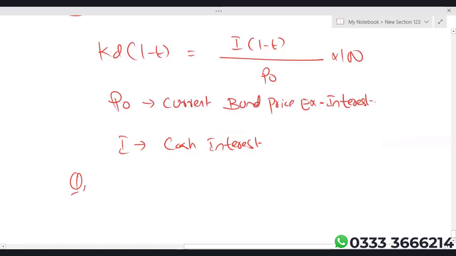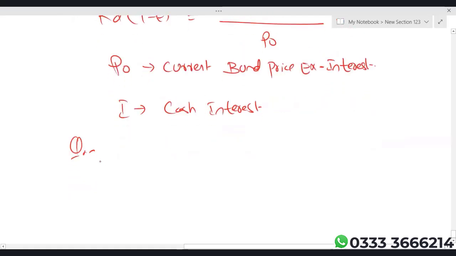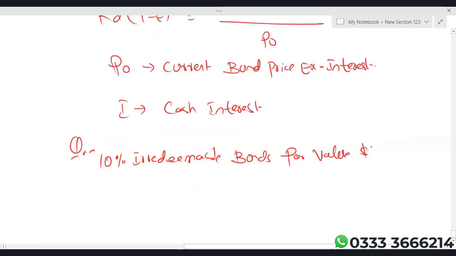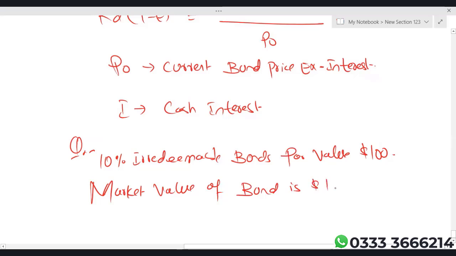Question. Let's say we have 10% irredeemable bonds. Par value 100. Market value of bond is 125, cum interest.